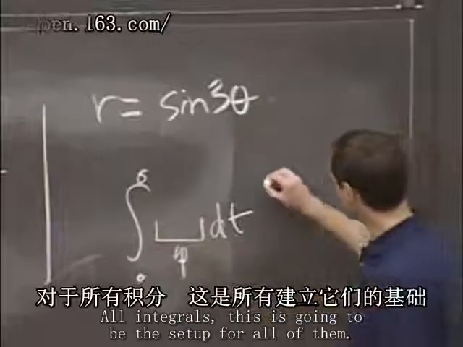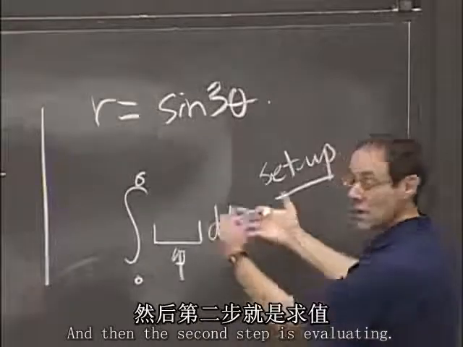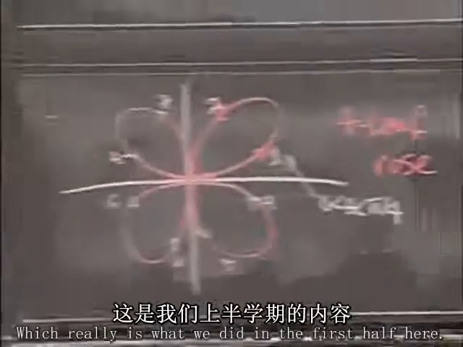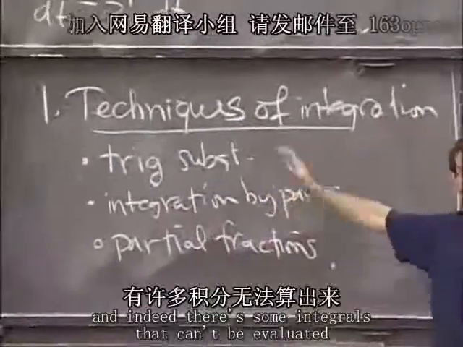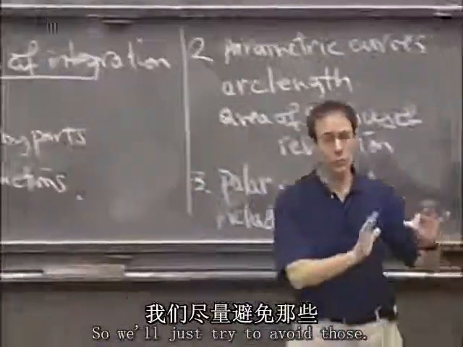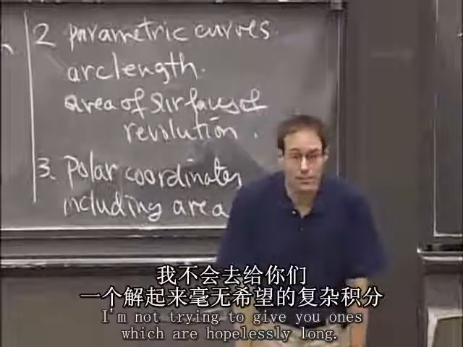This is the setup for all of them. And then the second step is evaluating, which really is what we did in the first half. Unfortunately, we don't have infinitely many techniques, and there are some integrals that can't be evaluated and some that are too long. So we'll try to avoid those. I'm not trying to give you ones which are hopelessly long.